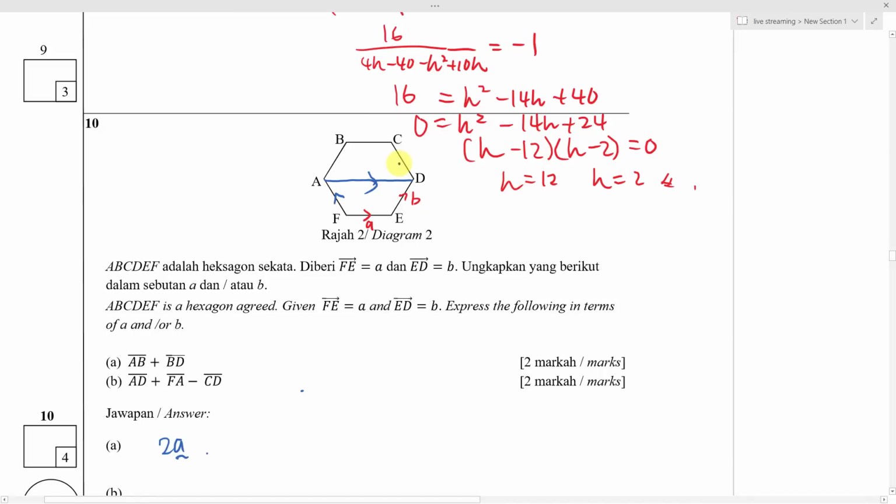So D to C. If you see carefully, they're basically asking about this vector from the beginning to the ending. If this vector is B, then this one is just 2B, double of it. So it will just be 2B. Alright, so it shouldn't be too hard.